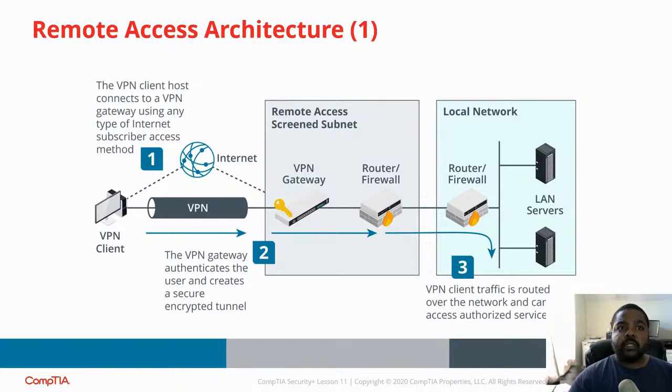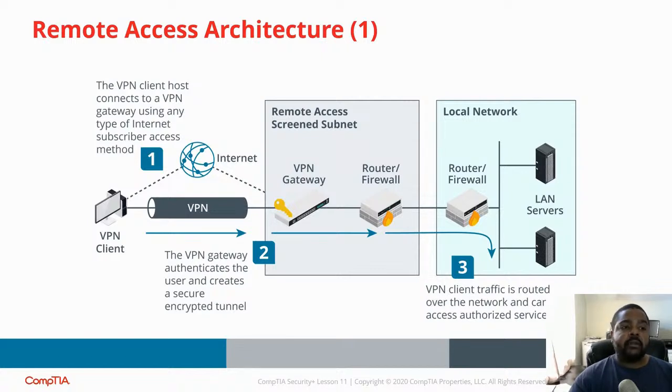So let's go over some remote access settings, some ways we can use VPN to connect securely from our devices back to our secured network that's behind our firewall. In this case, what you're seeing here on the slide is that the client is at a remote site, could be their home, a coffee shop, or where have you, and they're probably checking into a VPN client that's sitting on their desktop or whatever device they have.